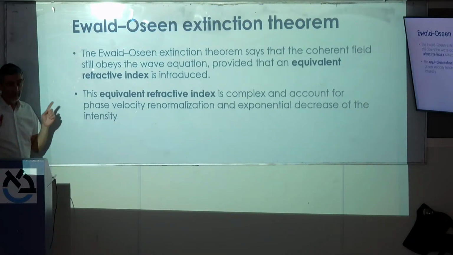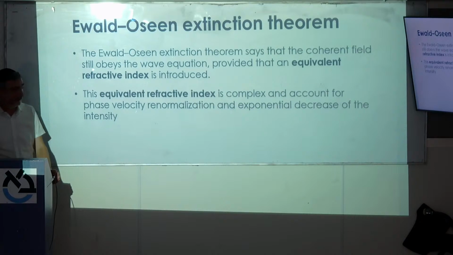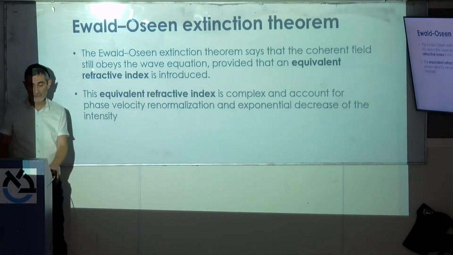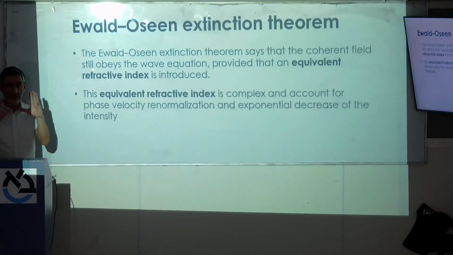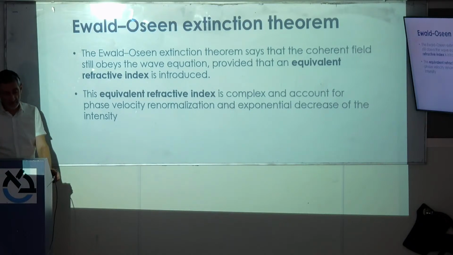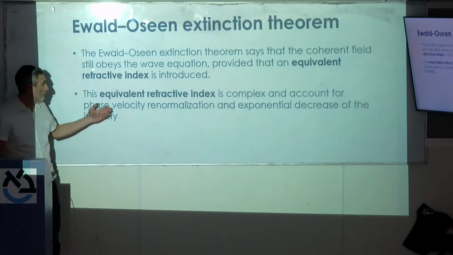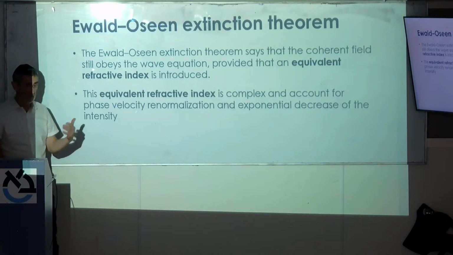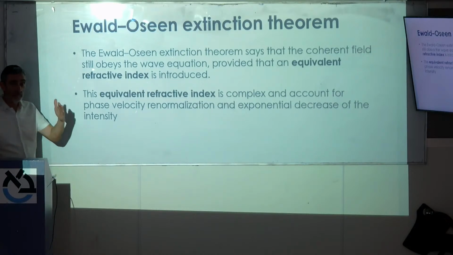Actually, it's called the equivalent refractive index. It's a complex number. We are talking about a scattering medium with many scatterers. And I will show you how this equivalent refractive index takes into account the renormalization of the velocity by the index of refraction, and also the exponential decay.